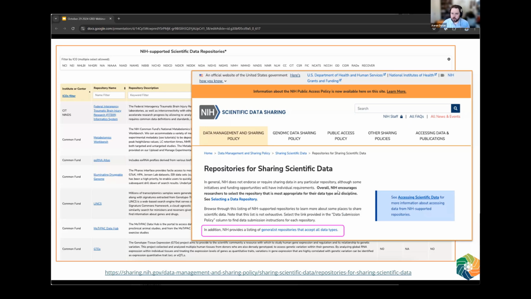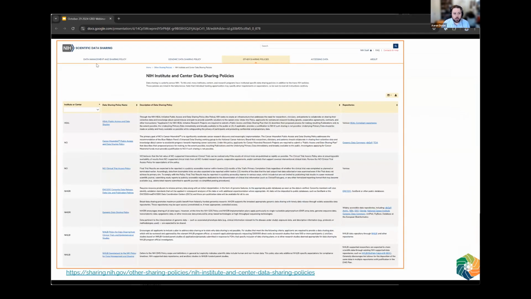You may also be unsure about sharing policies. The NIH has that available. So you'll see there's an other sharing policies tab on that site. And this will let you see which repositories meet which centers' data sharing policies, and let you see copies of those data sharing policies, because that may be relevant depending on which specific center within the NIH is funding your research.